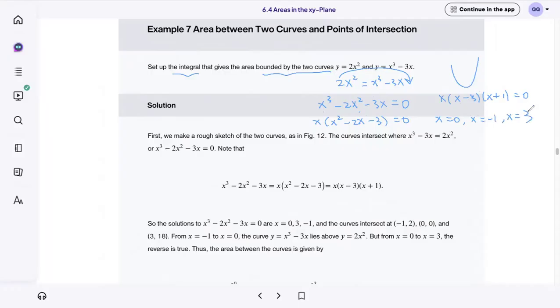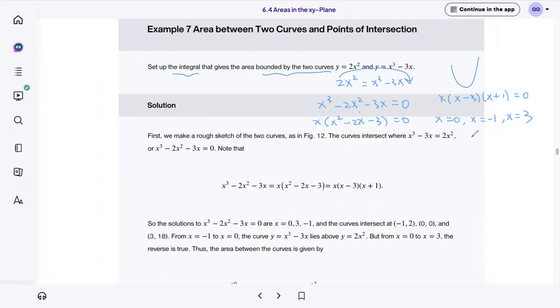So those two functions intersect at three places. And we don't know which one is on top and which one is on the bottom. So let's do one without graphing.